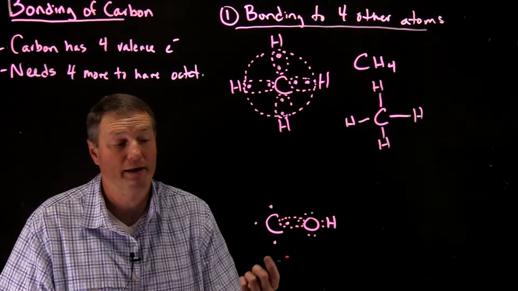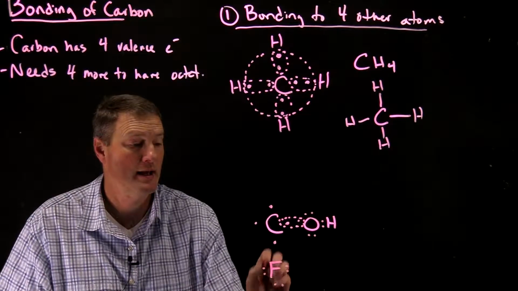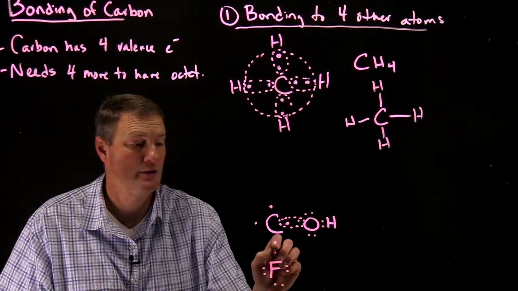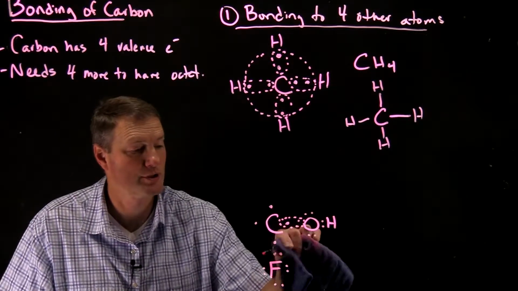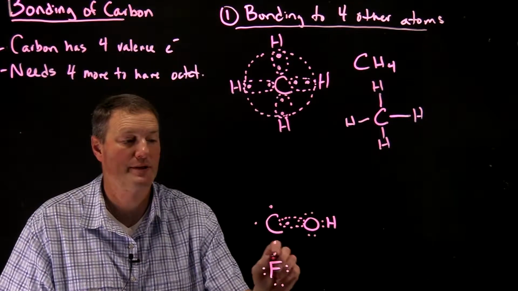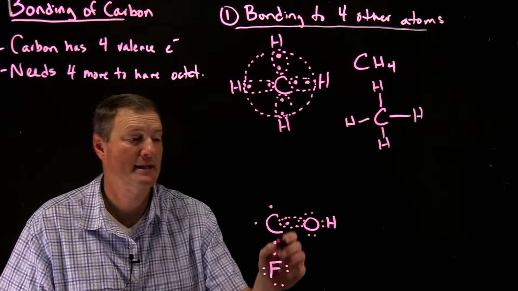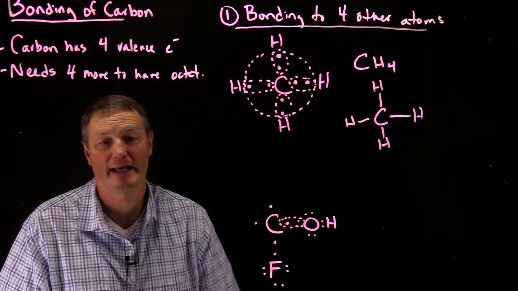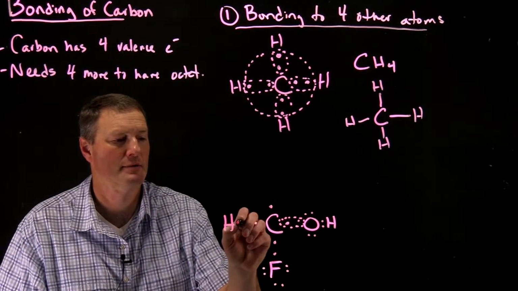Let's have a fluorine. Okay, so fluorine has 7 valence electrons. So if I bring it close to the carbon like this, that's now going to allow this carbon and fluorine to have a bond. Fluorine now has a total of 8, and I'm starting to now build up my octet around the carbon. Let's put a hydrogen over here.